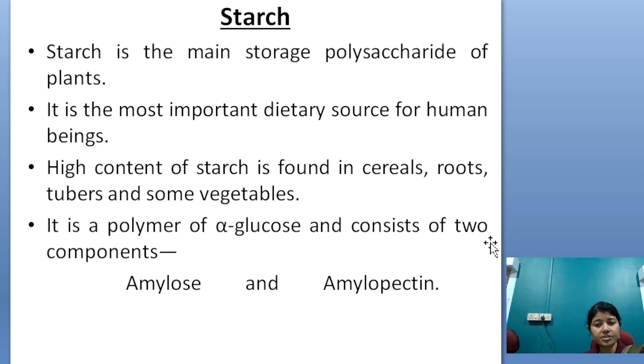High content of starch is found in cereals, roots, tubers, and some vegetables. It is a polymer of alpha glucose and it consists of two components, amylose and amylopectin.